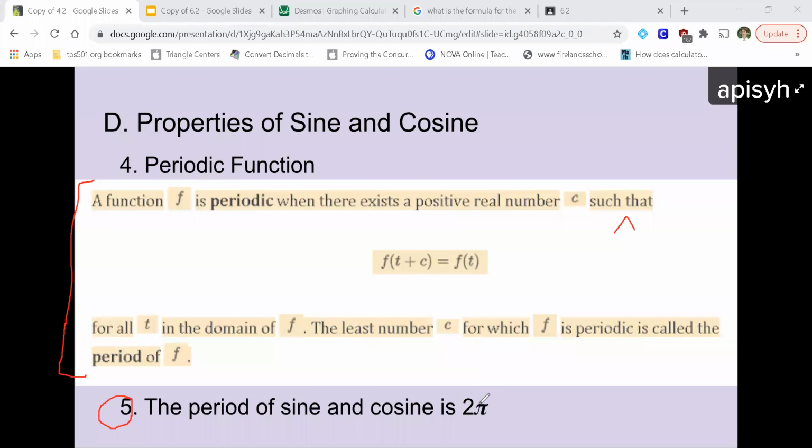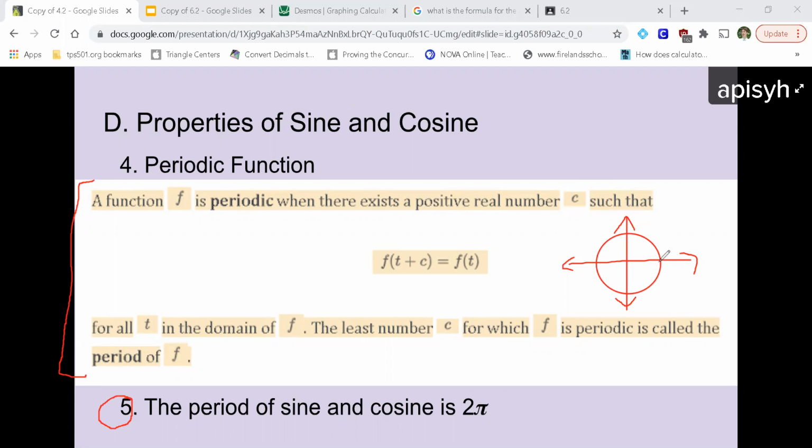Which again should hopefully make sense to you, because if you think about the unit circle, every 2 pi radians you go around is a full revolution. So the answers between 0 to 2 pi will be the exact same answers as the answers from 2 pi to 4 pi.